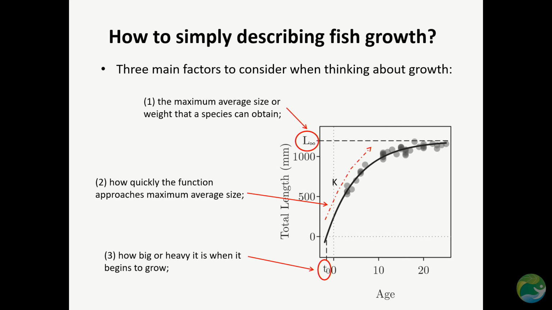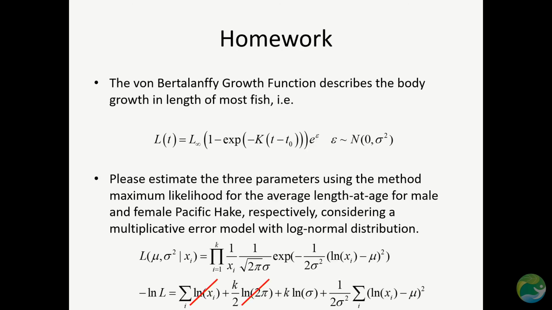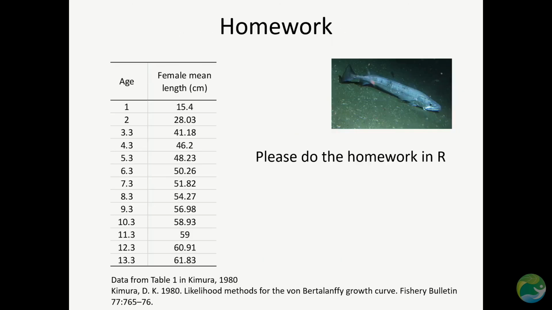So I want you to use the Bomber-Lengthy growth curve to describe the growth pattern of one fish, one real case fish in the world. So here is the data. This is one fish from a paper from the 1980s.